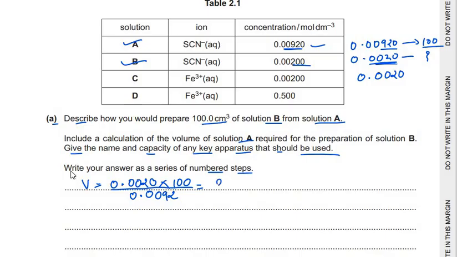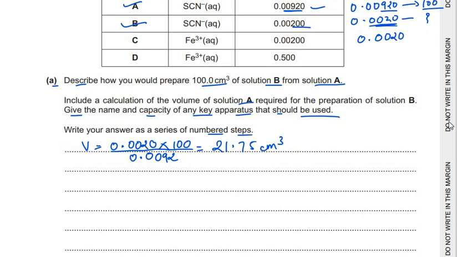We get the answer as 21.75 cm³. So this is how we calculated the volume which we require to prepare our solution. Now we need to describe it in full. It says include a calculation, that's done. Give the name and the capacity of any key apparatus that should be used, we'll do that, and write your answer as a series of numbered steps.